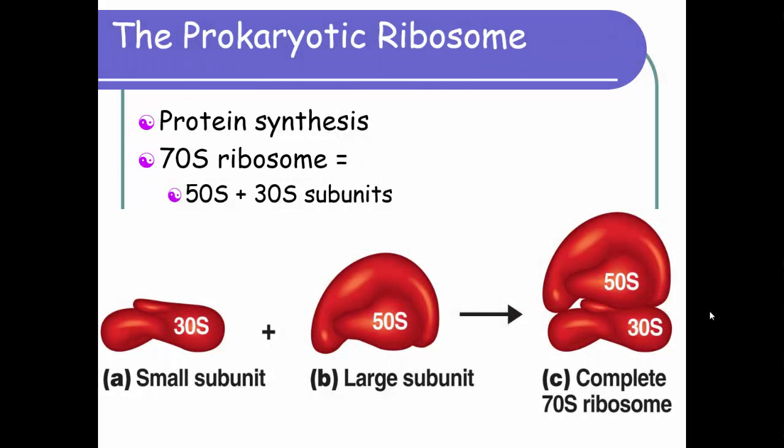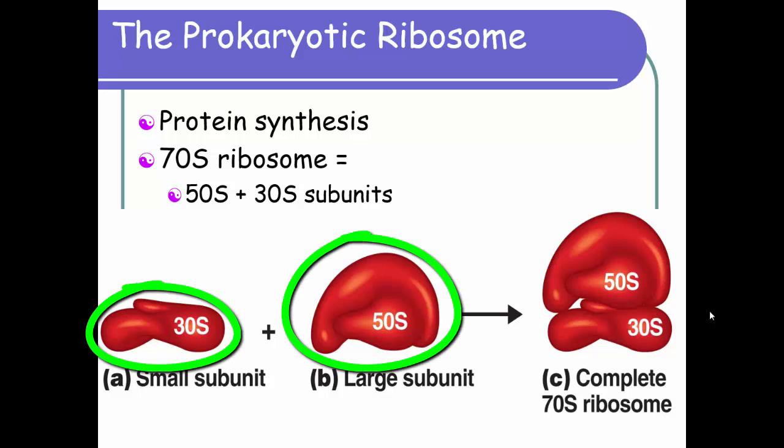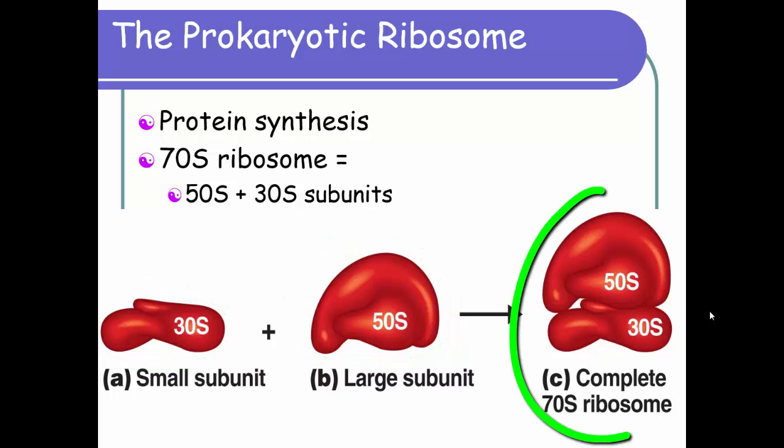The ribosomes are made up of two subunits of ribosomal RNA. In this case, we have the small subunit designated as 30S plus the large subunit 50S that will come together on the messenger RNA and form the 70S ribosome. Yes, I know, 50 and 30 does not equal 70.